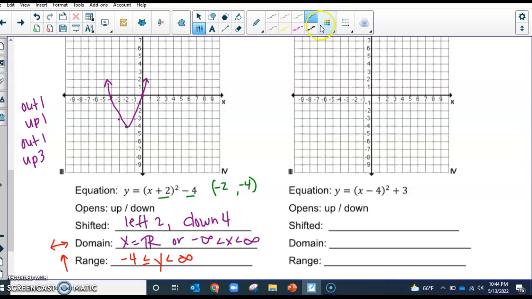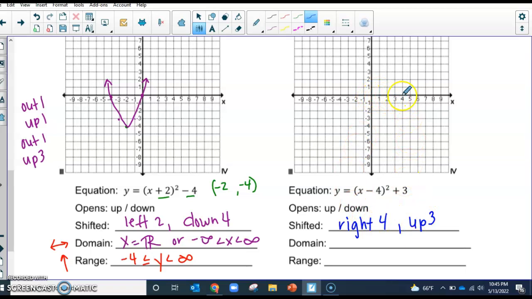Bumping over here to the next one, looking at my equation, I can do my vertex again, or I'm going to write the shift this time. Negative 4 would be right 4, and then up 3. I'm going to start at 0, 0, where my parent graph would be, and just do my shifts to start right away.